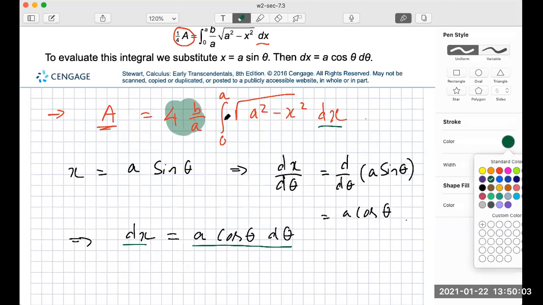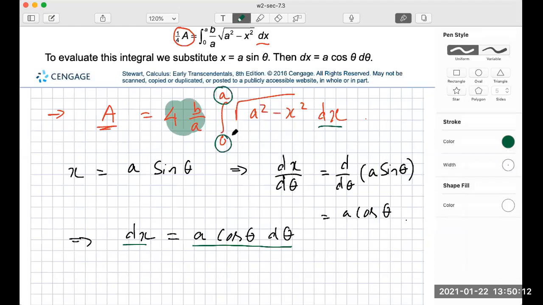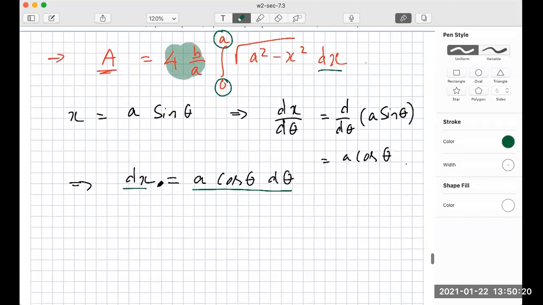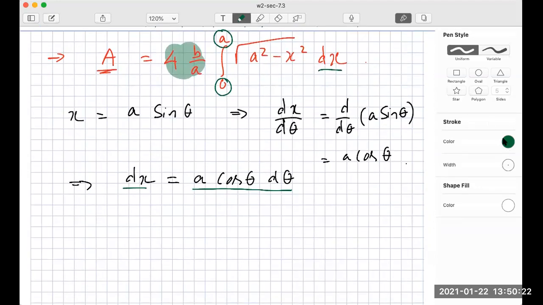Any idea? Yeah, before doing that, we need to find the limit, right? This is the limit with respect to x. Then we need to find the corresponding limit of theta.